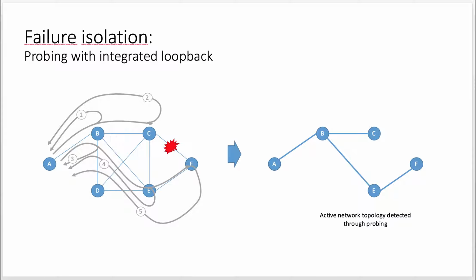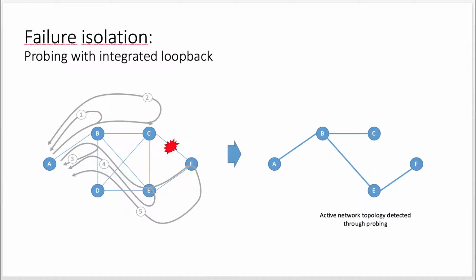So this shows the failure isolation with in-band OAM using UDP probe. In this diagram, A is the pinger and F is the responder. Initially, packets from A to F are sent and received since there is no failure in the network.